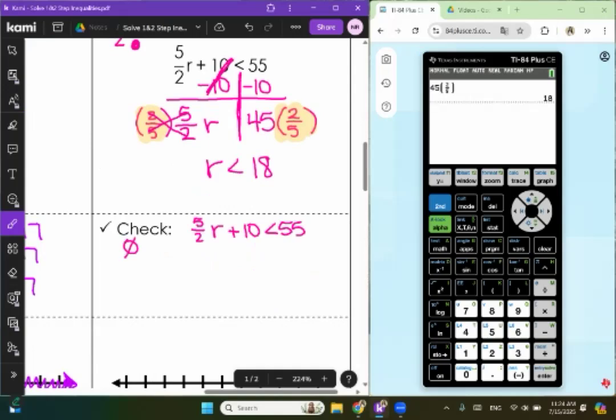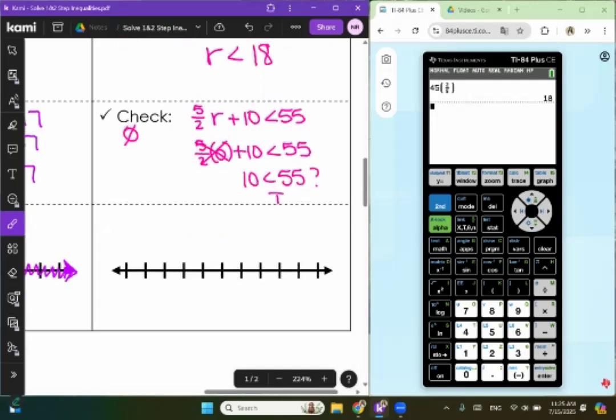And also that 0 is part of the solution, because 0 is a number that I can put here. I can replace here and make it a true statement. 0 is less than 18. Okay. So 5 over 2 times 0 plus 10 less than 55. Well, we know anything times 0 is 0. Is 10 less than 55? Yeah, true statement. So we're good.